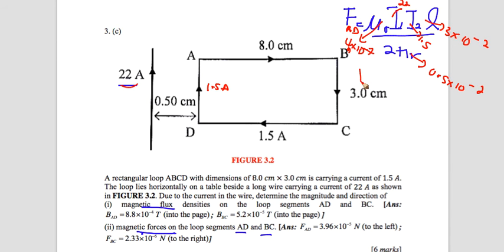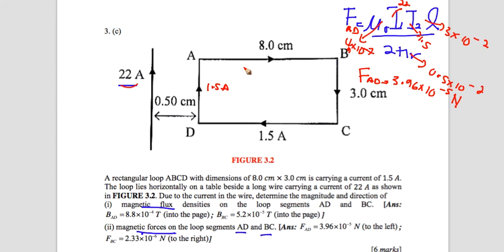So the force at AD is 3.96 times 10 to the minus 5 Newton.